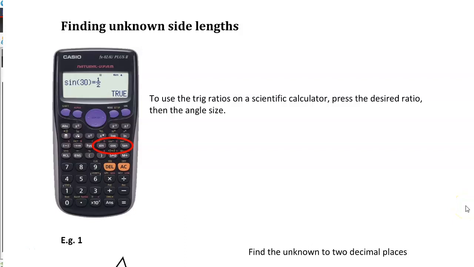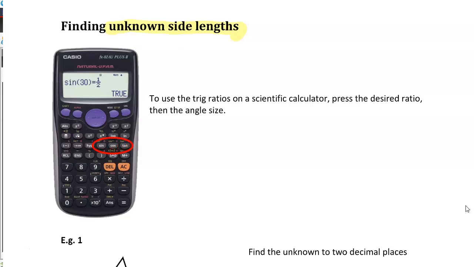So let's start using our trig ratio knowledge to find unknown side lengths. You will be using your scientific calculator, which might look something like this. On them, you'll see the buttons for sine, cos, and tan.